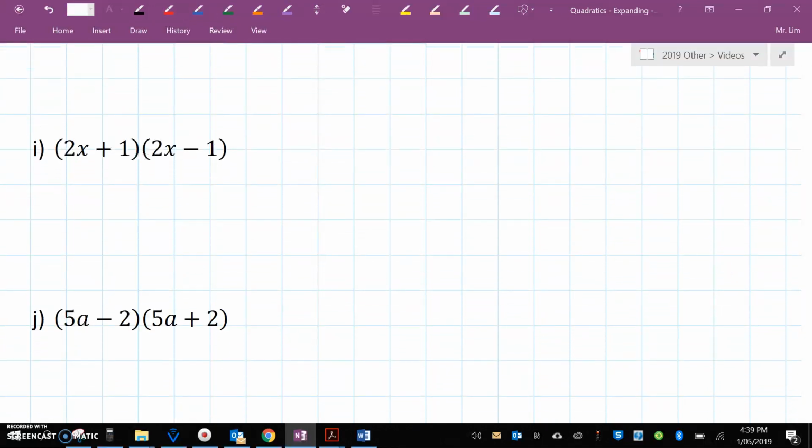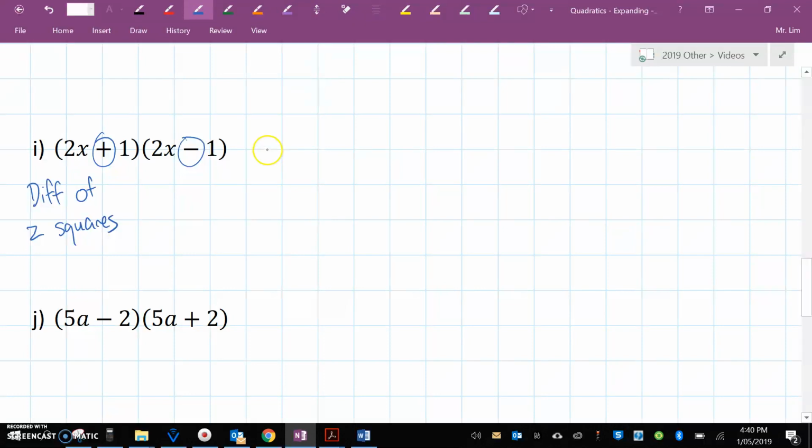Question I is a difference of two squares. Because they look exactly the same, except one of them is a plus, one of them is a minus. We can use the FOIL method.